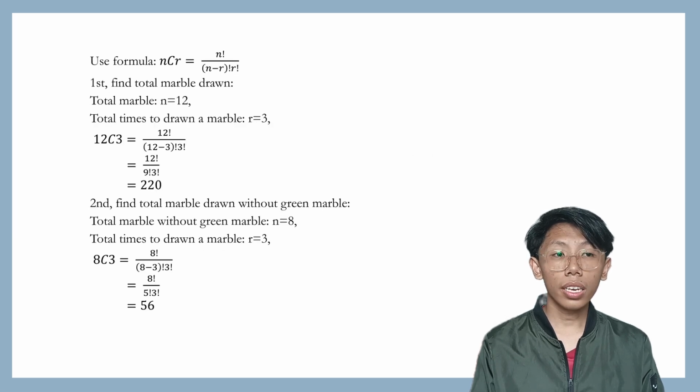Now, n is 12 and r is 3, so we substitute those into the formula, which gives 12 factorial divided by bracket 12 minus 3 bracket factorial 3 factorial. Now, we will get the total, which is 220.